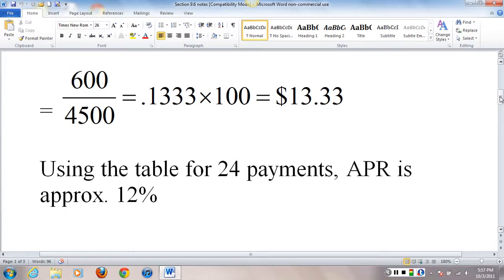So in these types of problems, it's a matter of finding the finance charge divided by the amount borrowed, multiply times 100, then use that amount on your chart, find the number of payments, and then find approximately what percentage that falls under.